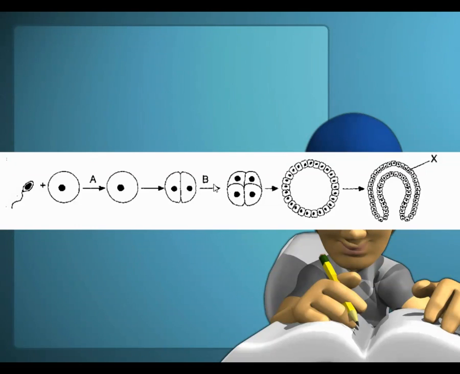And we can call letter B either cleavage or just simply mitosis. And then it's going to form this hollow ball of cells called a blastocyst. And then it starts to indent in, and this is where the cells start to differentiate and decide what they're going to become. And structure X is just kind of pointing to these developing cells and differentiating.